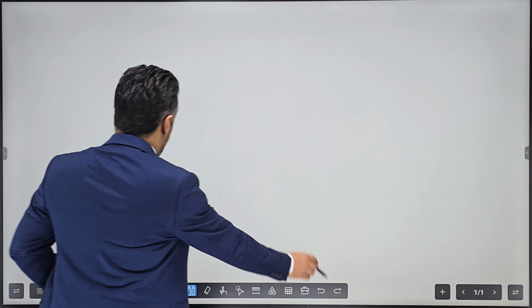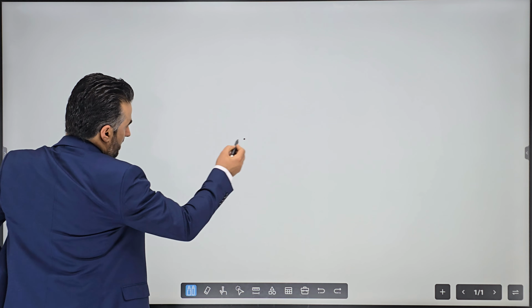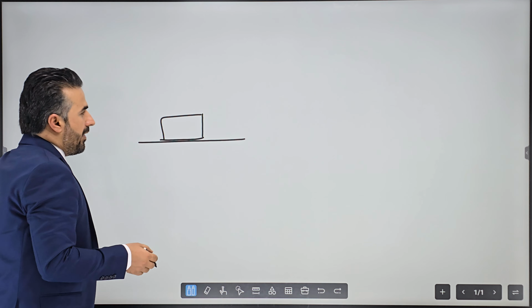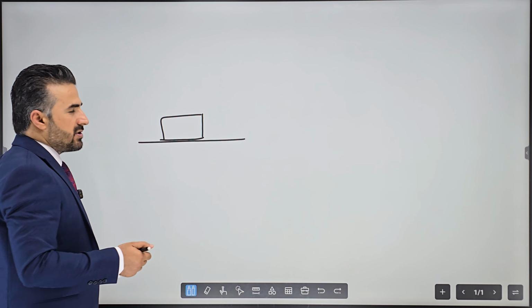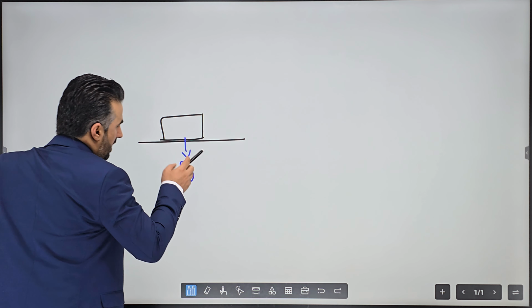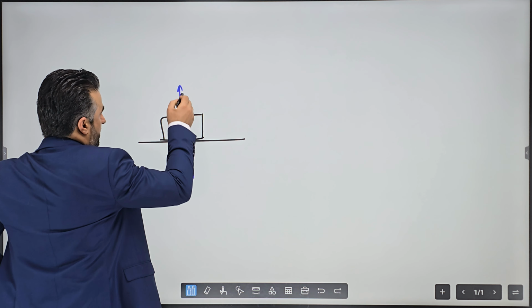So let me give you an example. Let's say we have a surface, and here's an object, a box. This box is not moving. If it is not moving, can we say there is no force acting on the object? No, because there is always the gravitational force, Fg, and there's the normal force by the surface on this object.